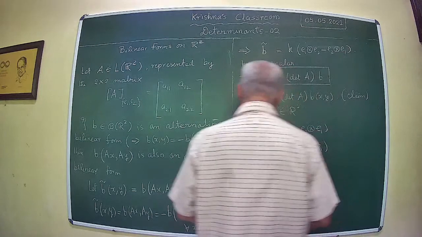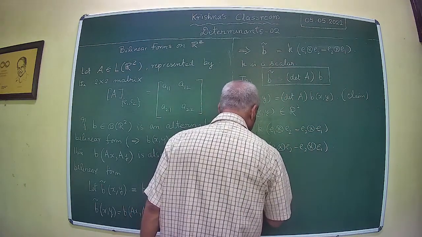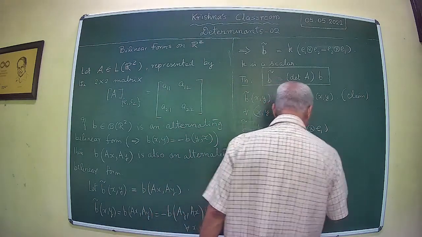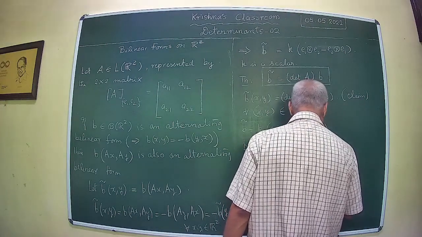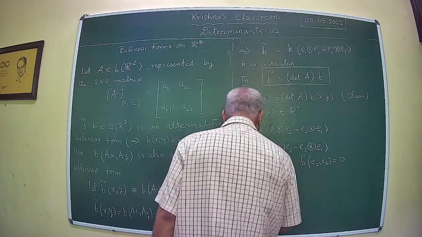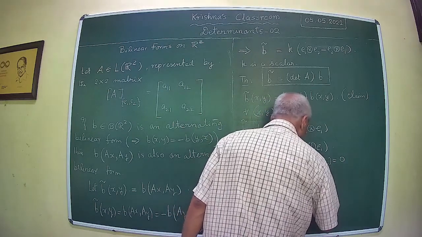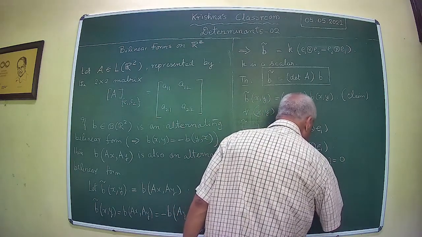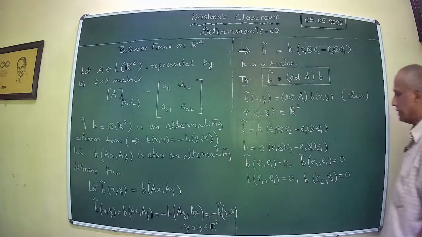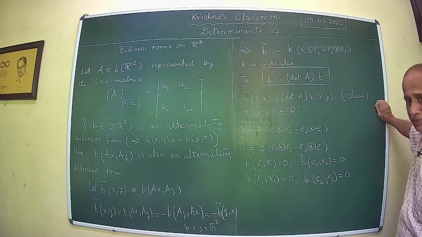So, you observe that B tilde of E1 E2 equal to, so it is the values of B on E1 cross E2 and E2 cross E1 that fixes it.